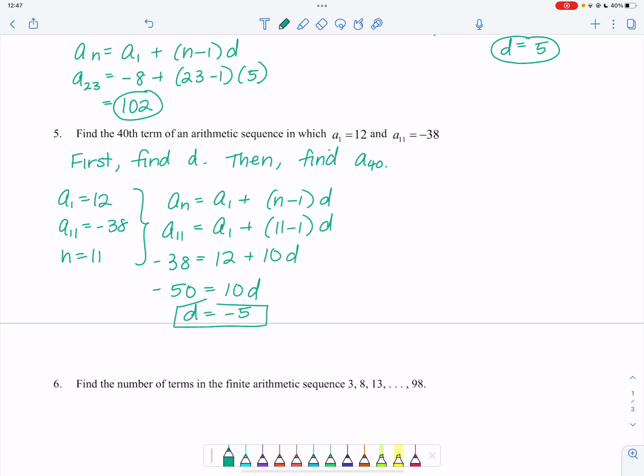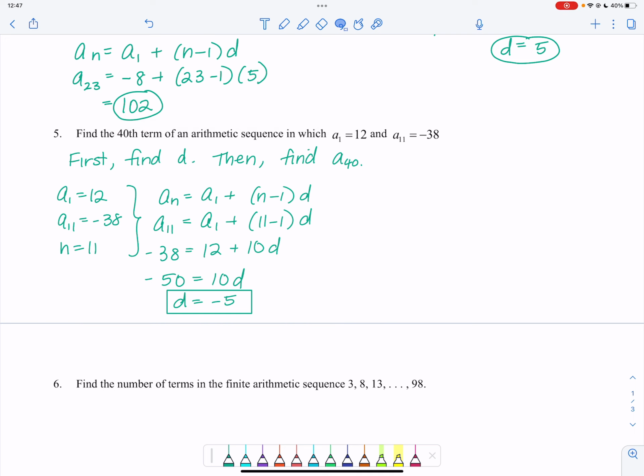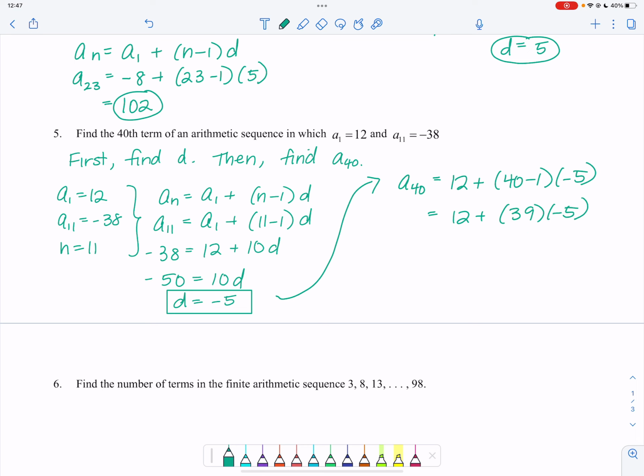So now that we have d is negative 5, we can do the same thing over in order to find a sub 40. So now a sub 40 is going to be a sub 1 plus 40 minus 1 times negative 5. And that's negative 183.